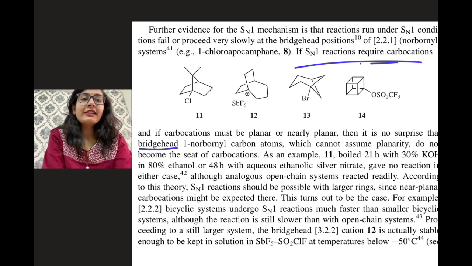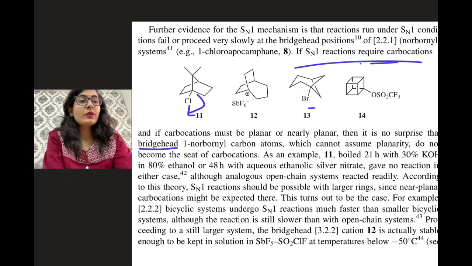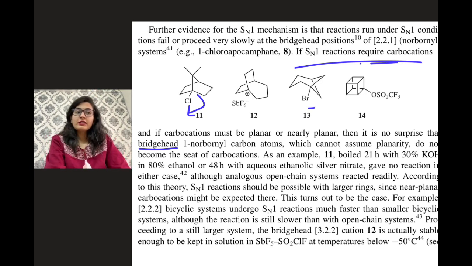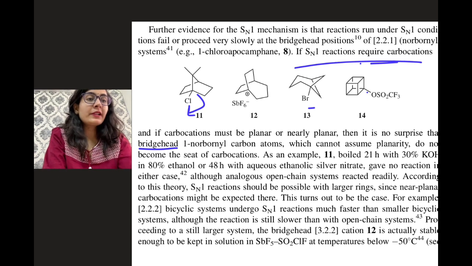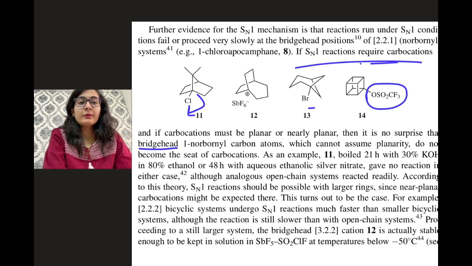Here the Cl minus is on the bridgehead position, that's going to leave a carbocation on the bridgehead position. Similarly, here there is a carbocation on the bridgehead position. If the Br minus leaves, it is again going to give you the carbocation on the bridgehead, the same with the triplet over here. If it leaves, it will give the carbocation on the bridgehead position.